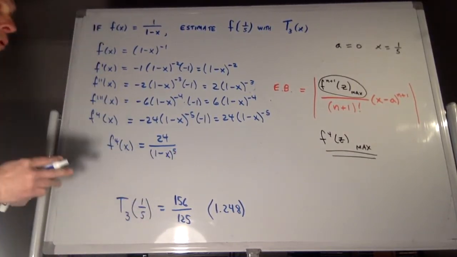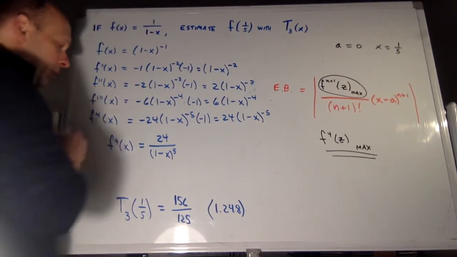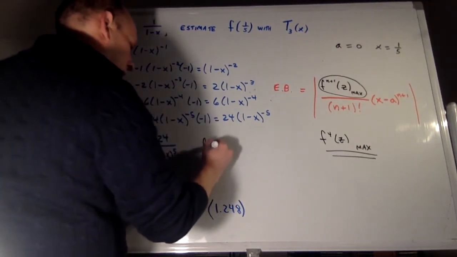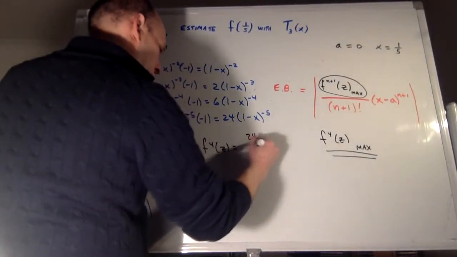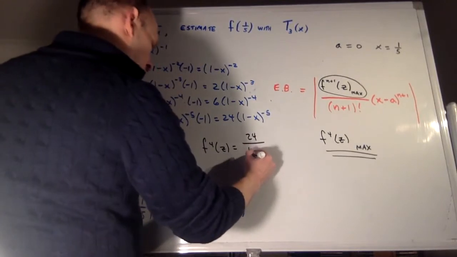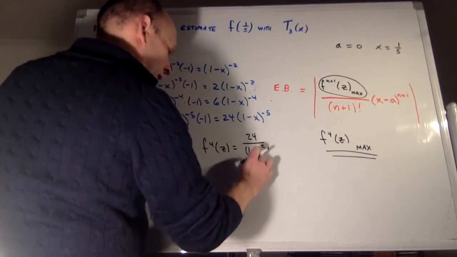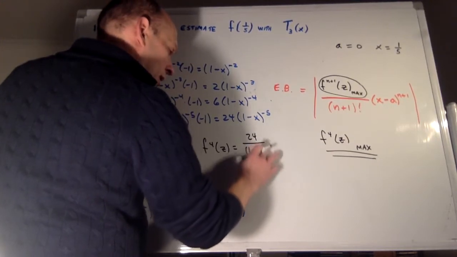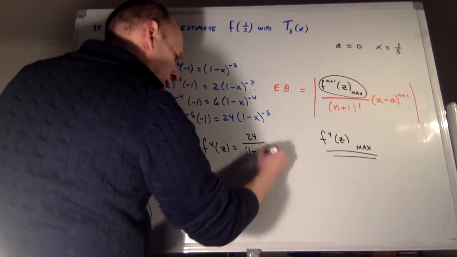So we have to do the 4th derivative at z, right? Sorry, that's the fourth derivative at x. At z it's 24 over 1 minus z to the fifth, right? You're doing the fourth derivative at z, so 1 minus z to the fifth.